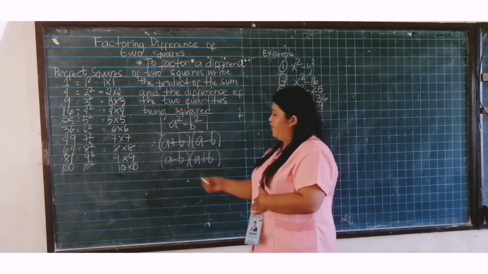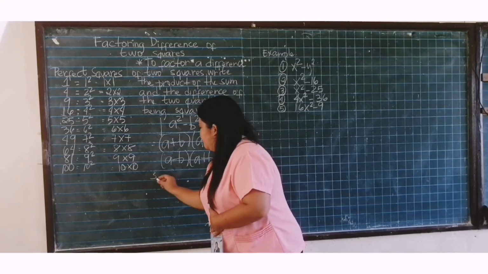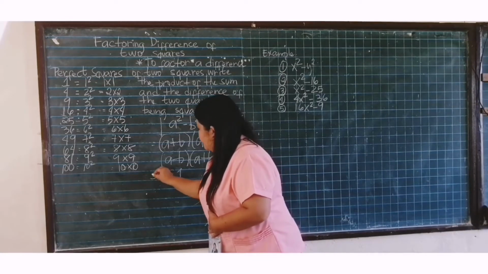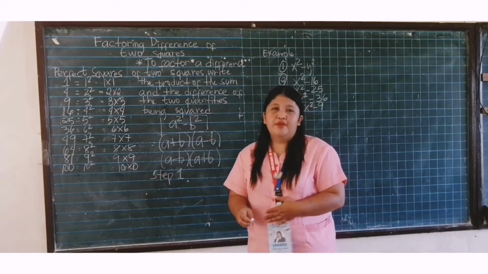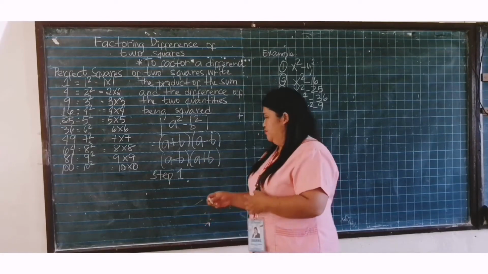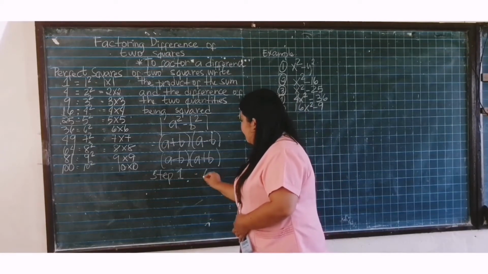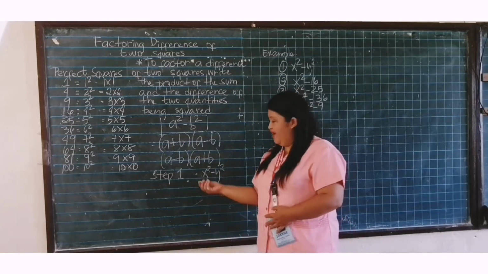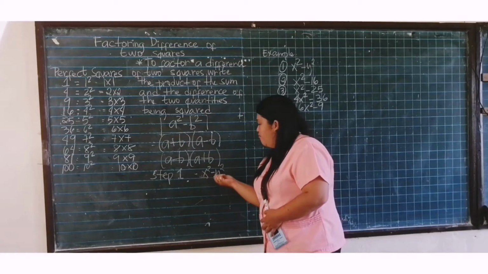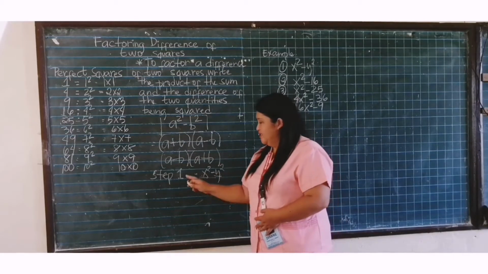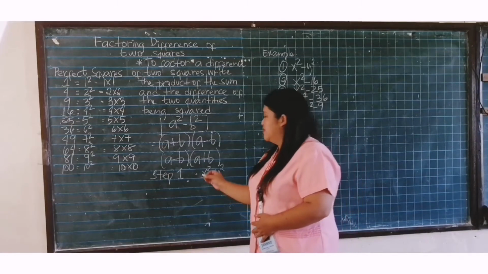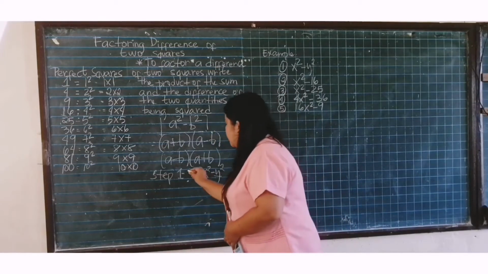So, for step 1, the given expression must have two terms. For example, we have x squared minus y squared. So, we have here the first term and the second term. In step 1, the given terms must be two terms.